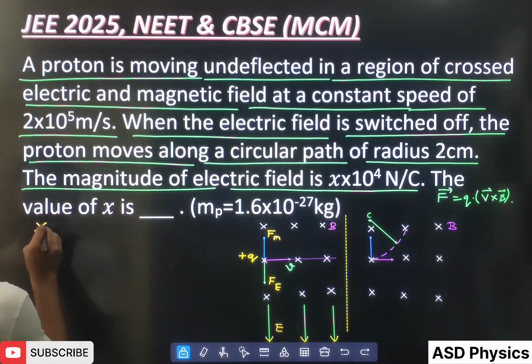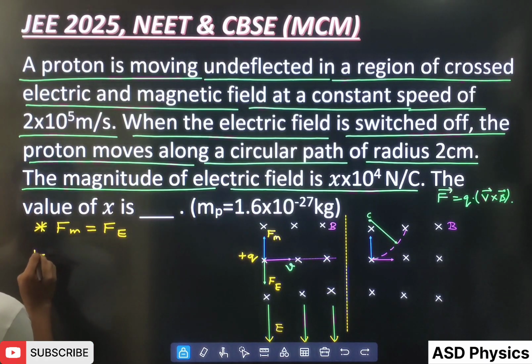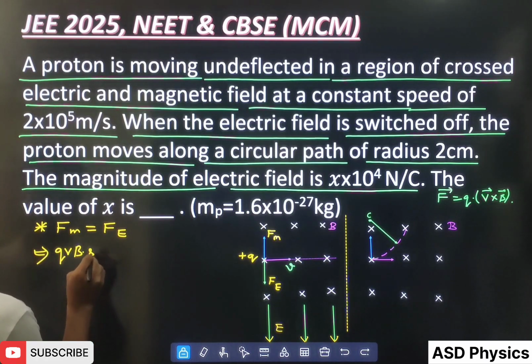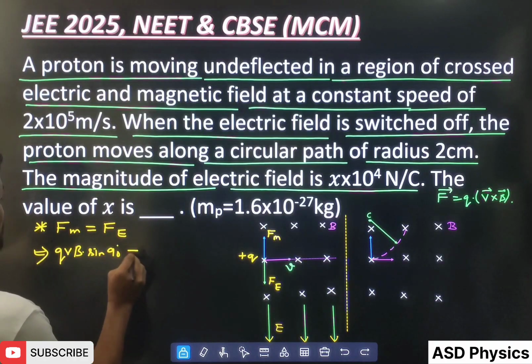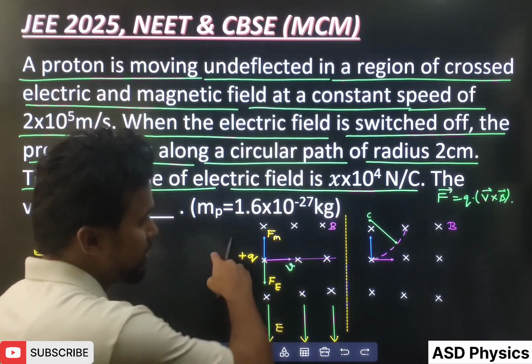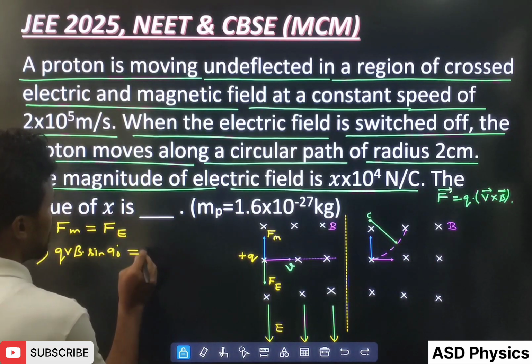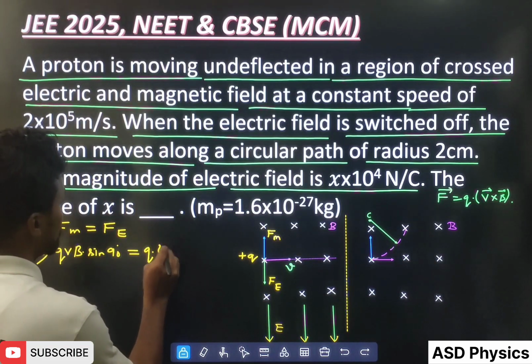Okay, so in this situation, for the undeflected movement, or we can say moving in a straight line, both the forces will be equal. Fm we can write as QVB into sine 90 degree, because the angle between velocity and magnetic field is 90 degree. Velocity is along x direction, magnetic field is in negative z direction, and this is the electrostatic force QE.